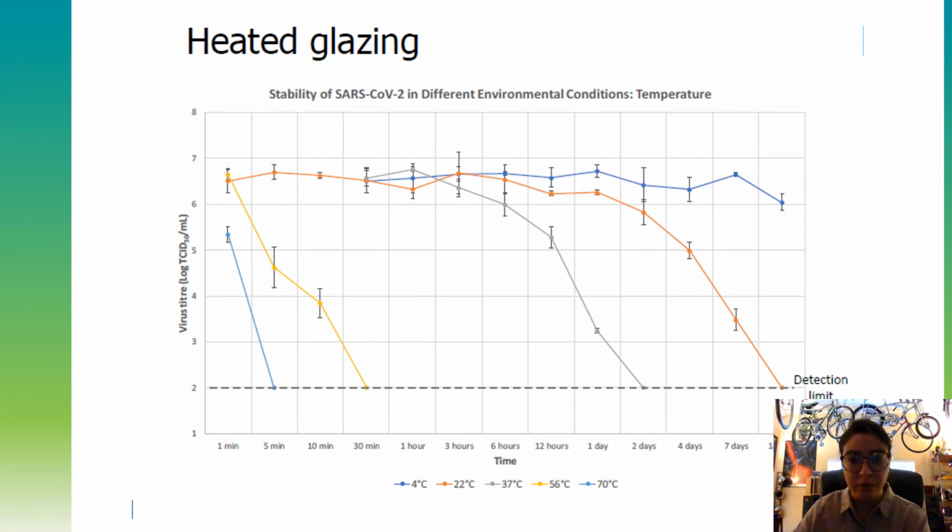If you're at 4 degrees, it can last on the surface up to 14 days approximately. But once you raise to a certain level, you really significantly reduce that, and could essentially sanitize the glass surface within 5 minutes, 30 minutes, significantly less time.